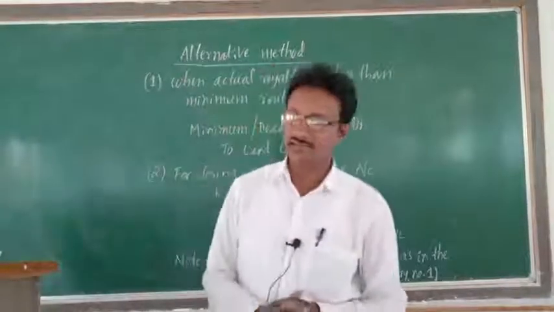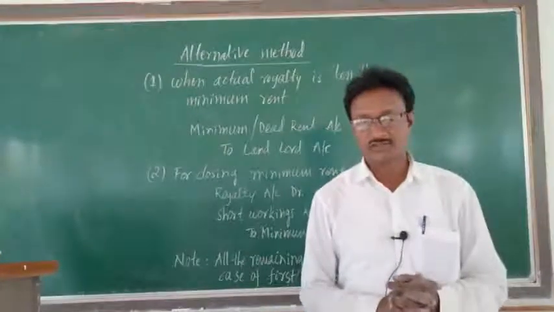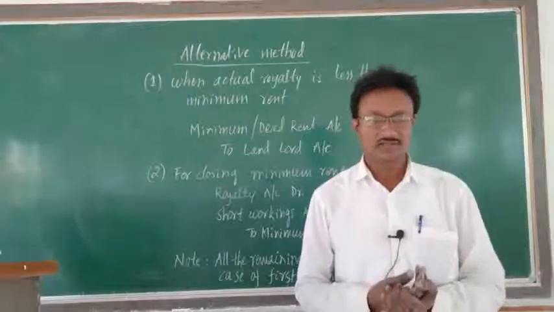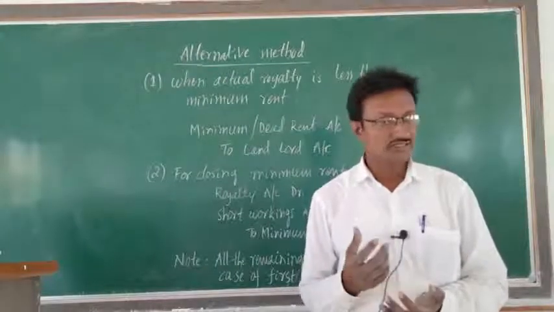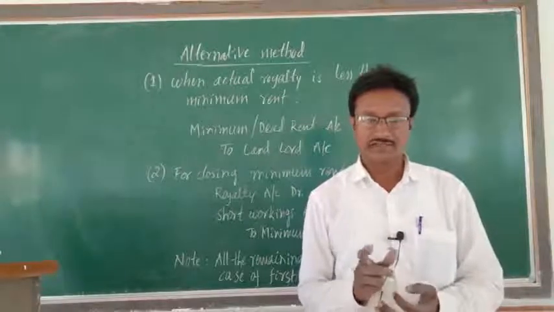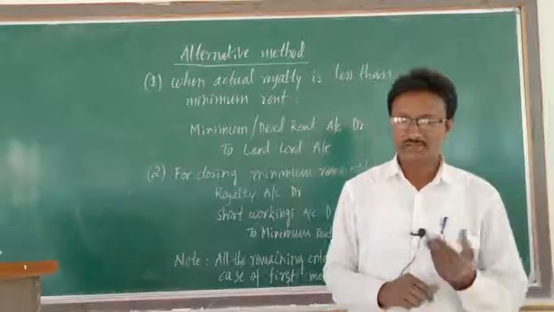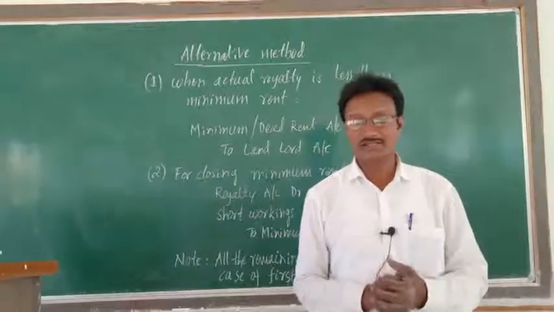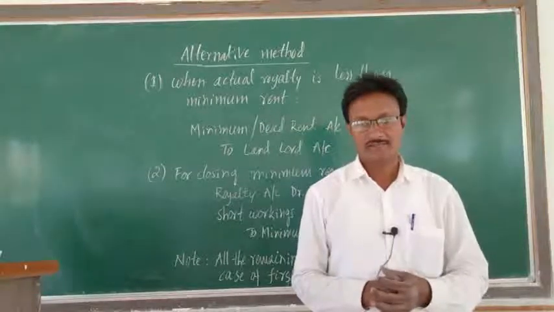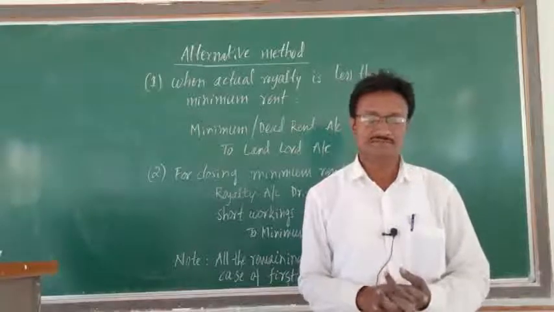All the remaining entries means when payment is made to landlord, landlord account debit to cash account. When short working is recovered, then landlord account debit to short workings account. And when short working is not recovered, that is for irrecoverable short workings, the entry is profit and loss account debit to short workings account.